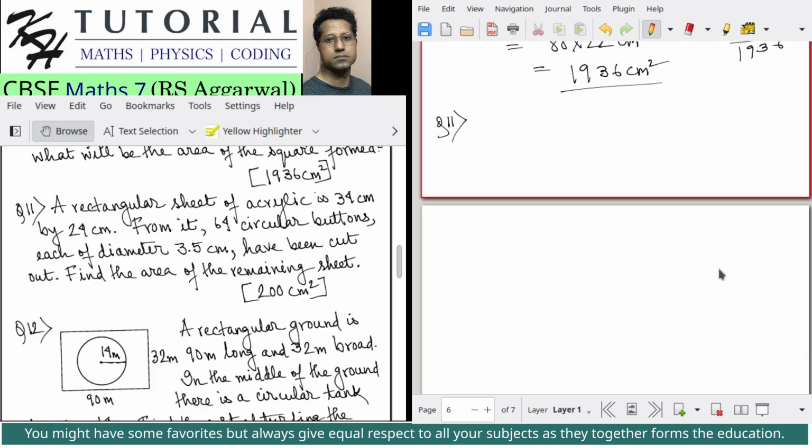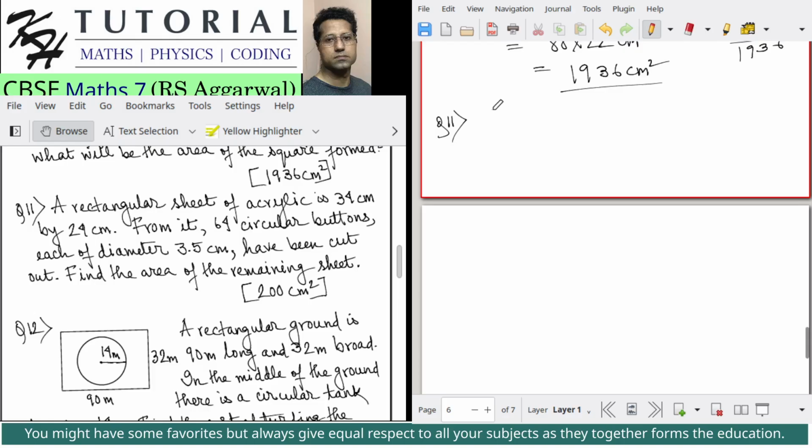Find the area of the remaining sheet. So the area of the remaining sheet will be the area of the rectangle minus the area of the 64 circular buttons.